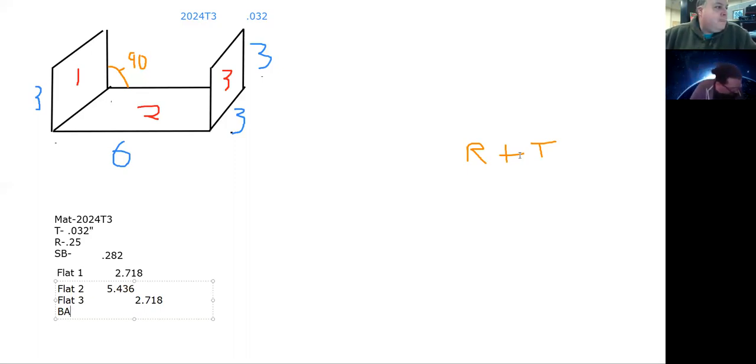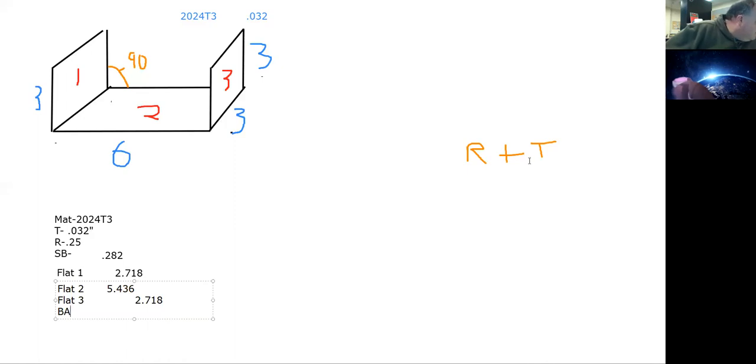So using the chart, what do you get for bend allowance? Hold on a second here. 0.170.